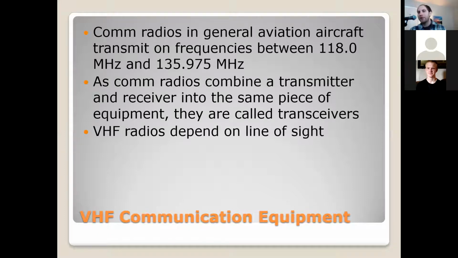If you're 41 Victor Uniform and you want to talk to 42 Victor Uniform, it is not the appropriate place to do it when you're on a control frequency. It is not encouraged. Do not do it. A frequency used by air traffic control is for you to talk to ATC and for ATC to talk to you. When you're at a CTAF frequency, an uncontrolled frequency, that's when the airplanes can talk to each other. So we're just repeating the fact that at an uncontrolled airport, the airplanes talk to each other. At a controlled airport, the airplanes talk to the air traffic controller, and the air traffic controller talks to the airplanes.